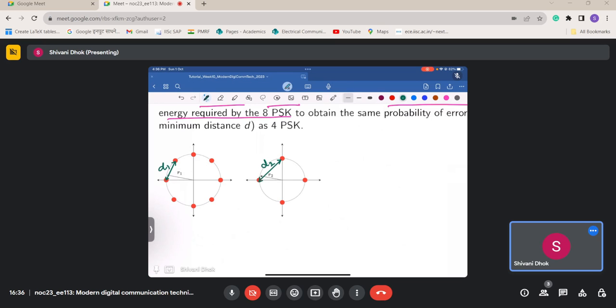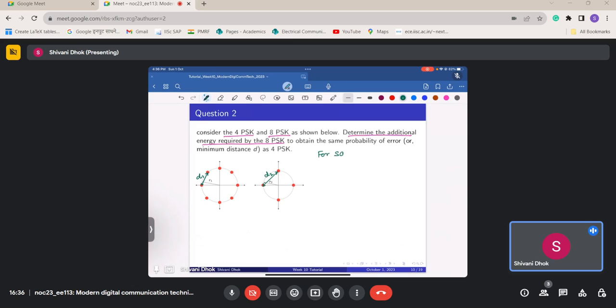So for the same probability of error, let's say approximately, we need D1 equal to D2 equal to, let's say, D. Okay, so this is what we require.